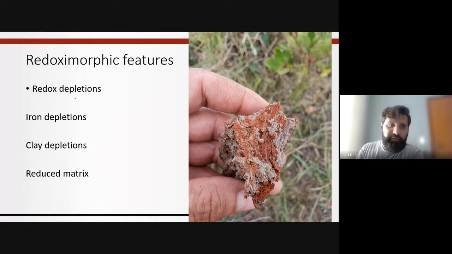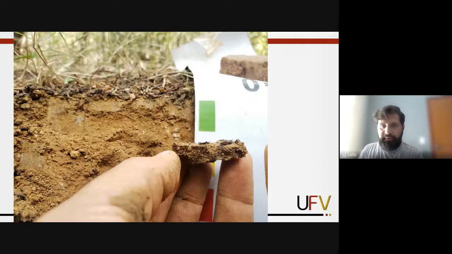And I can see also redox depletions, the loss of iron, like this. I can see a red color of the soil and some gray lines, like here. These gray lines express depletion of iron, loss of iron by waterlogging. We can see some clay depletions, the loss of clay that also changes the soil color, okay, like this.